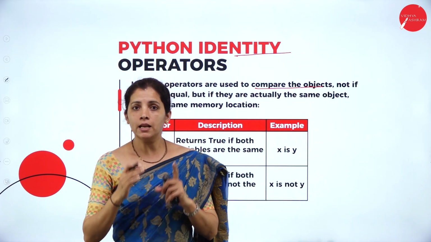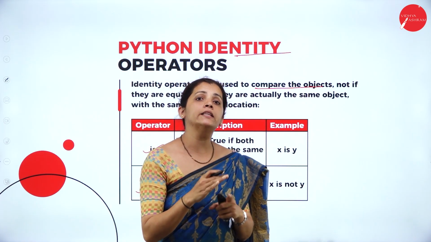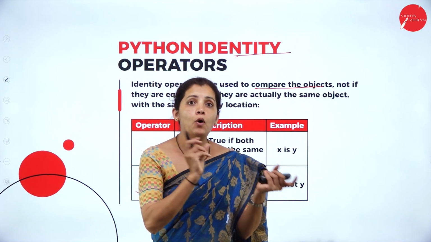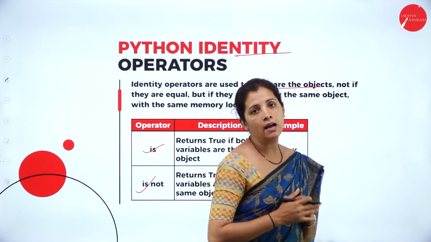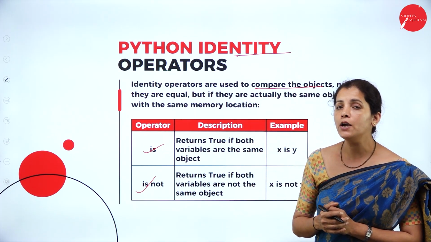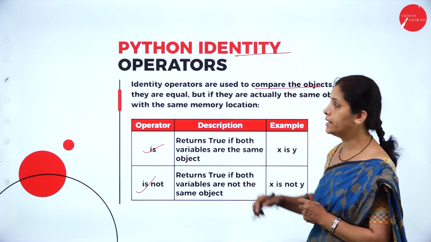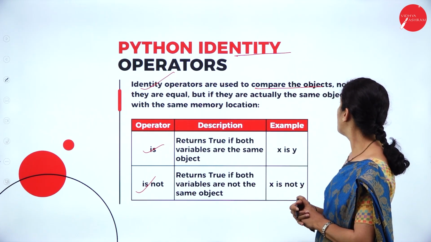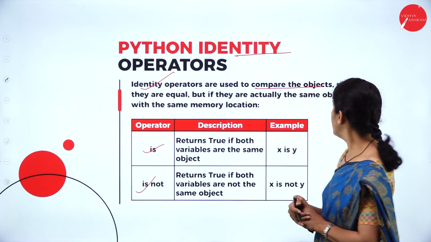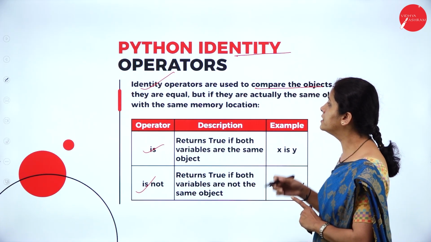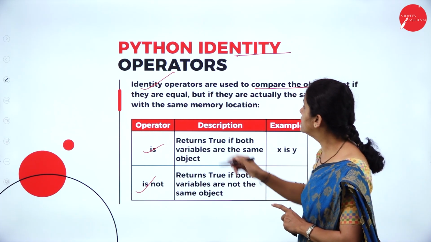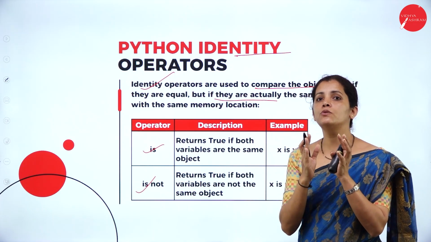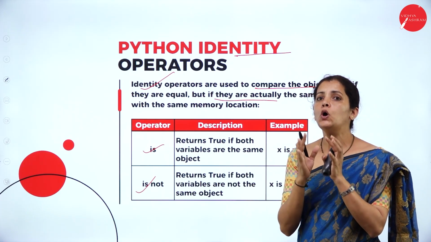For example, in my program, I have created objects and I want to compare both the objects, then I will go with identity operator. So identity operators are used to compare objects, not if they are equal, but if they are actually the same. So I am just going to compare two objects.